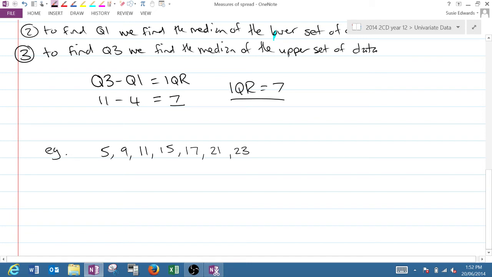This one has an odd set of data. Our median is easier to find. What's our median for this one? 15. Now this time, instead of a line down the middle, we're actually using 15. So 15 is our median.